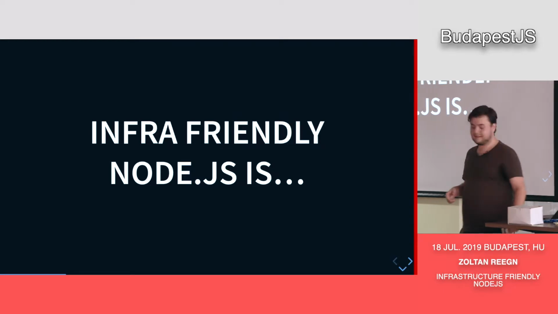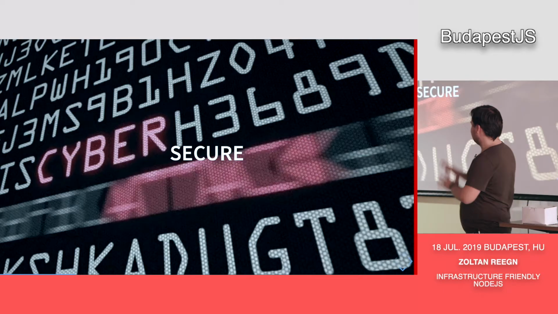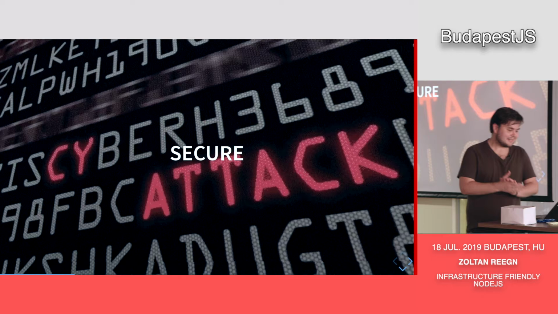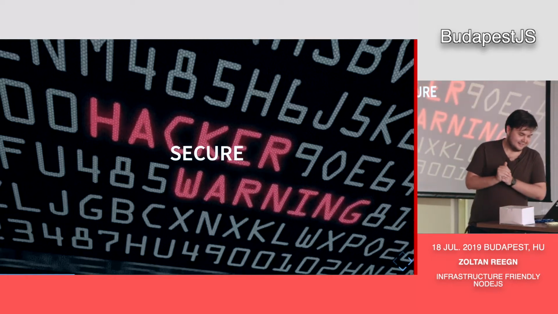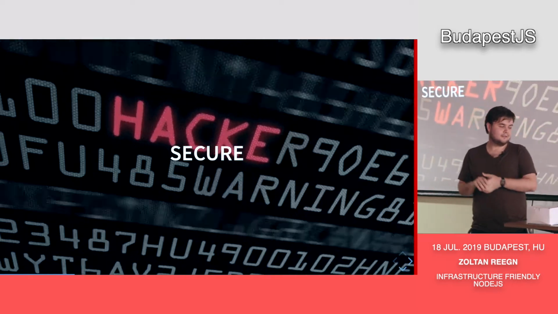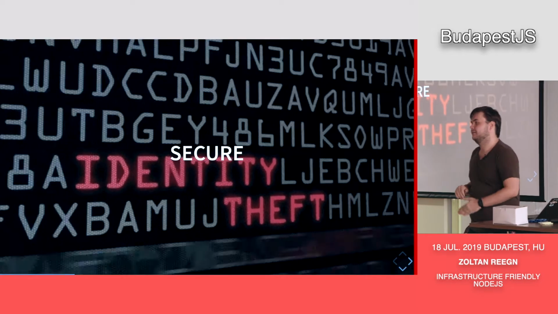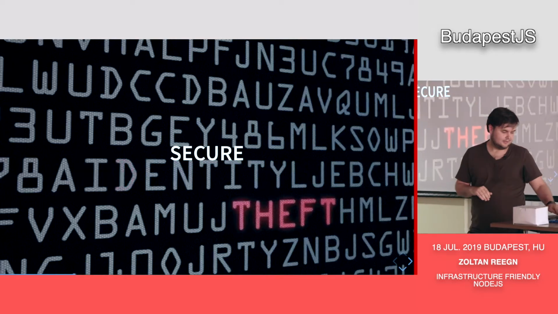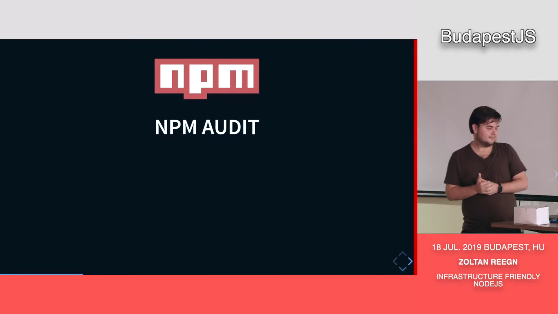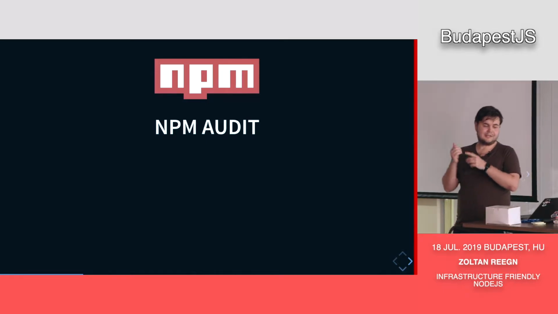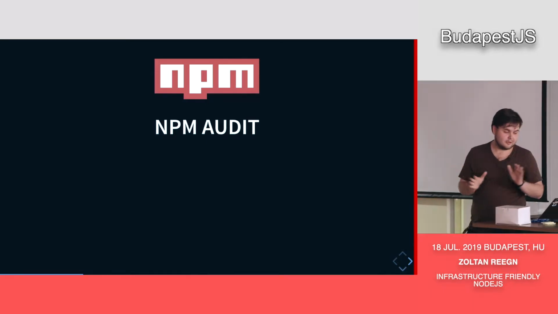Infrastructure-friendly Node.js is secure. It's super secure. It needs to be. This means you will not run well-known security issues in production. So npm audit. You need to keep your eyes out for security flaws.